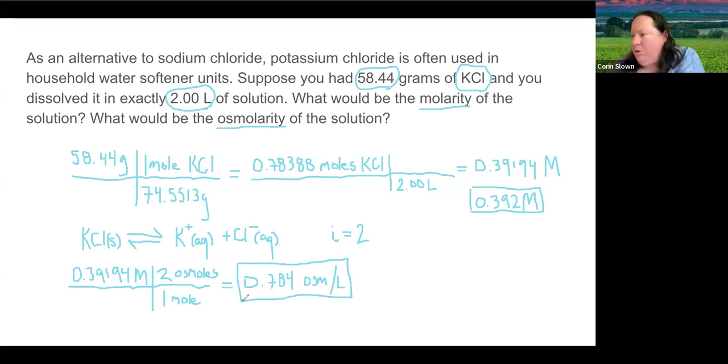So in this case, we calculate our molarity, and then we use that molarity to be able to solve for our osmolarity.